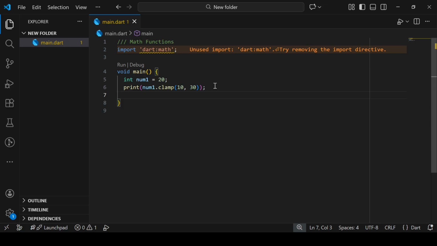How does this clamp work? It takes two parameters: the first is the lower limit, the second is the higher limit.